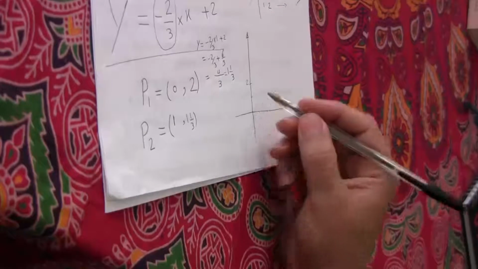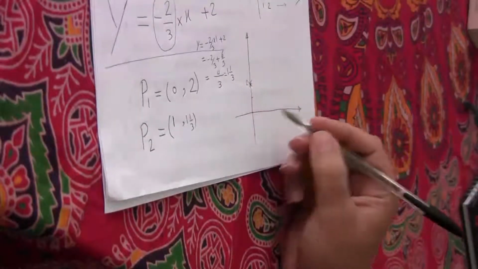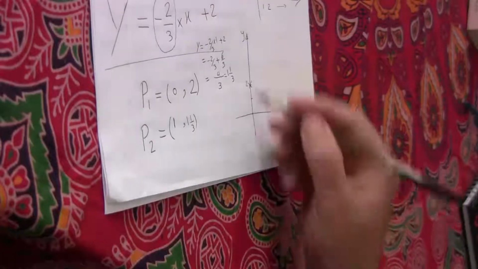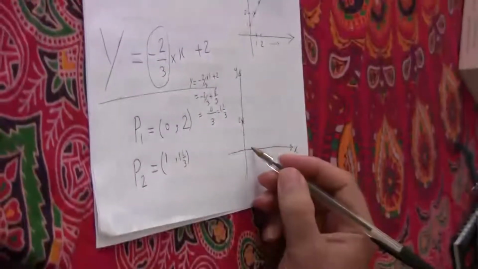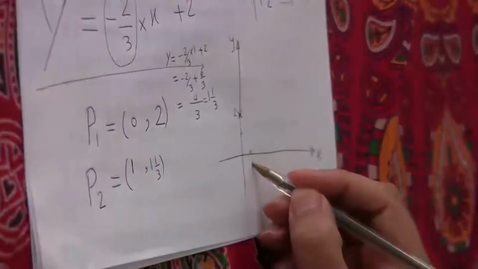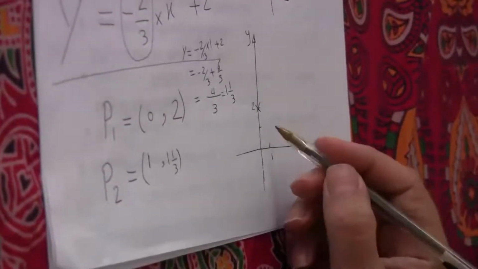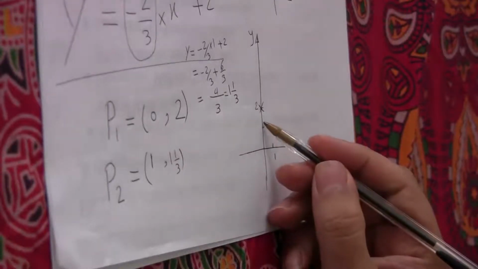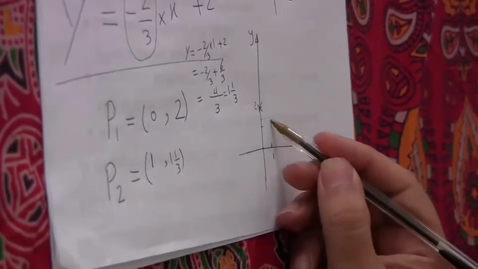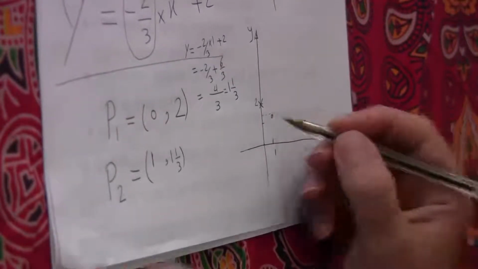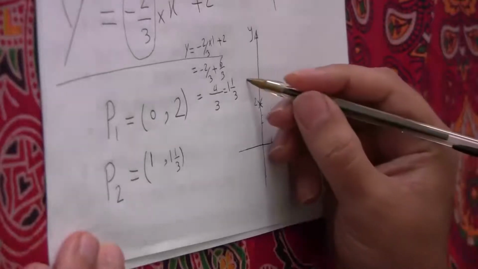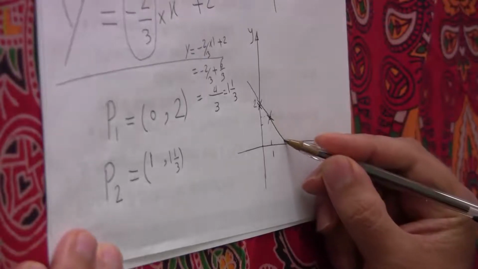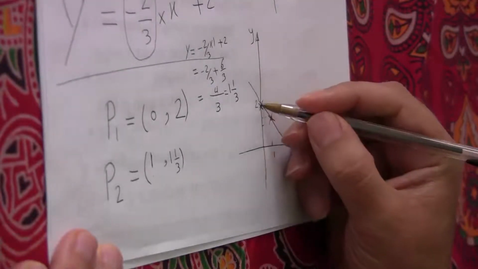The second point, when x is 1, y equals 1 and 1 upon 3, which is here. Then we connect these points, which means that we draw a line which meets these 2 points.